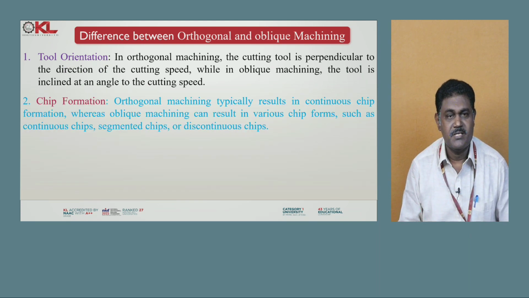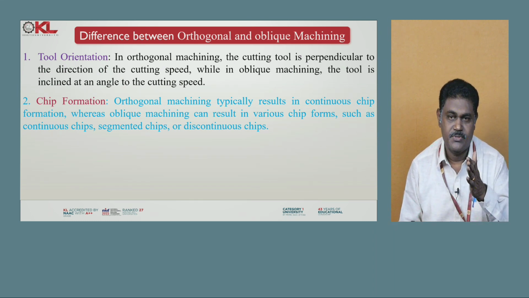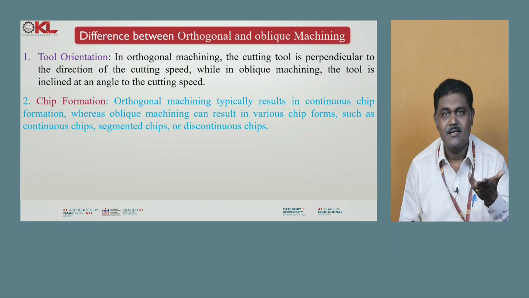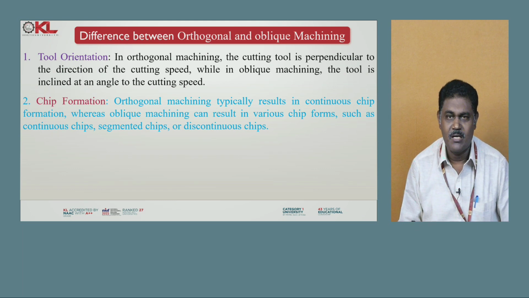Next, chip formation. Orthogonal machining typically results in continuous chip formation, whereas oblique machining can result in various chip forms such as continuous chips, segmented chips and discontinuous chips. Different chip formations are possible in oblique machining.